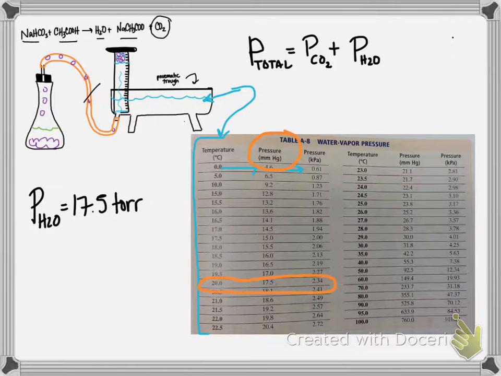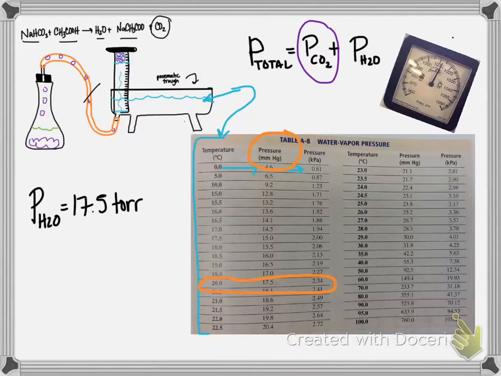Okay, so the vapor pressure of our water is 17.5, but we're still missing two things. What we would like to find is the pressure of our CO2, but we don't know the total pressure yet. How do we get that? Well, for that, we need a barometer. Here's a barometer.